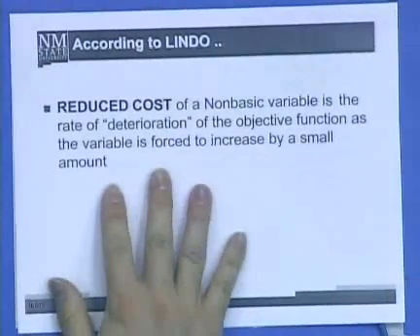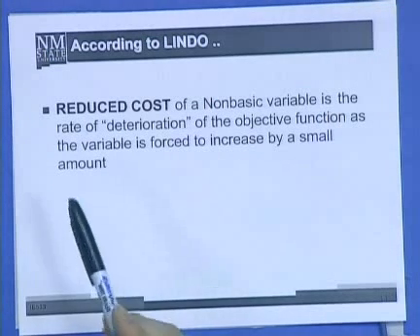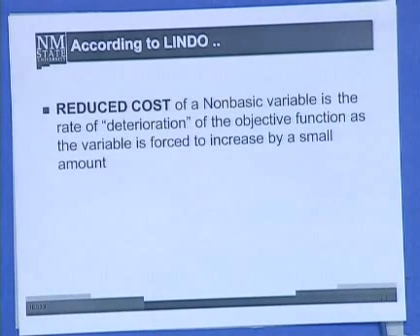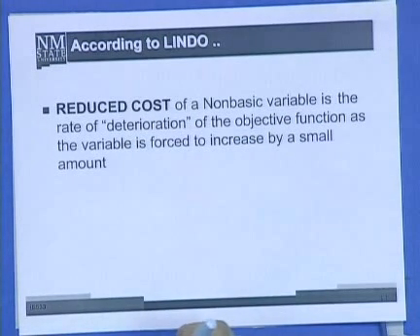And according to the Lindo definitions, the reduced cost of a non-basic variable is the rate of deterioration of the objective function as the variable is forced to increase by a small amount. Okay?